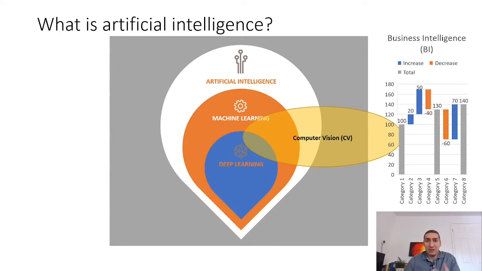Another term that always comes up in this discussion is business intelligence. Well, this is not AI, I can say. However, business intelligence is the result of AI when you take it and put it into a dashboard that can be presented for use in a business case or to a C-level to take decisions based on that. This is business intelligence.